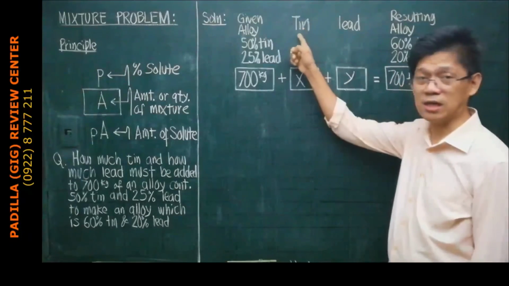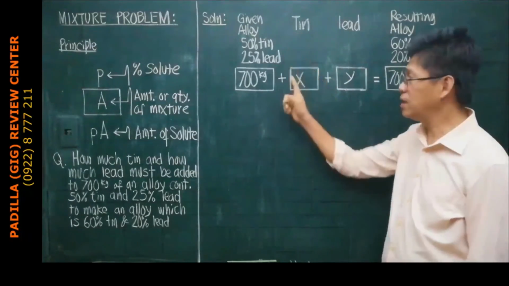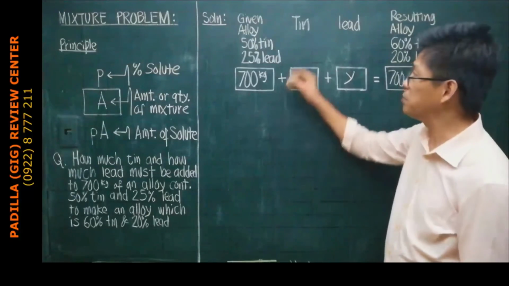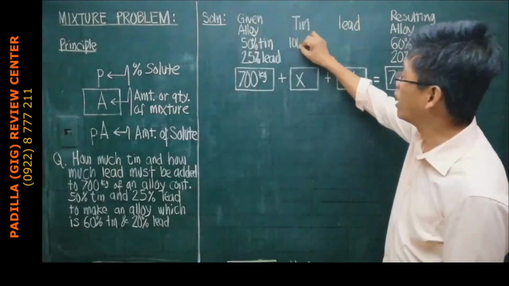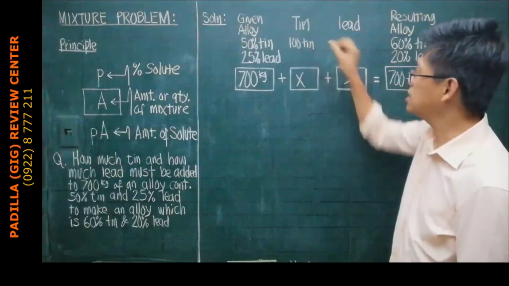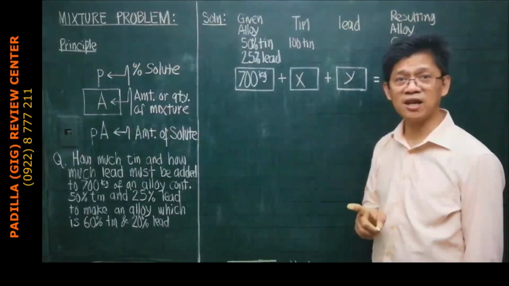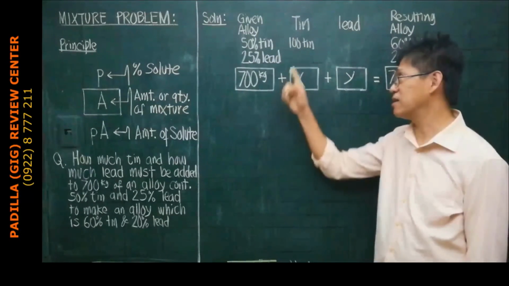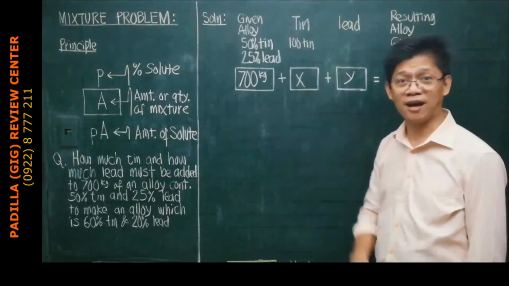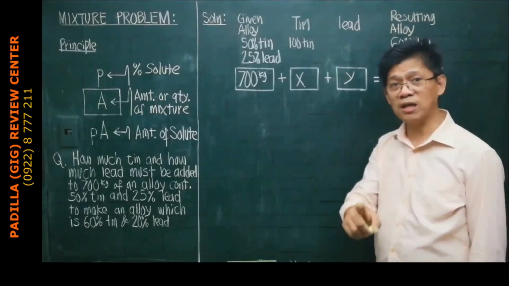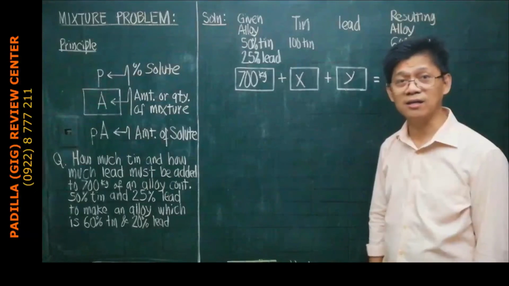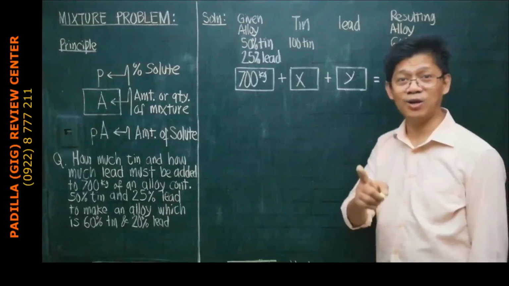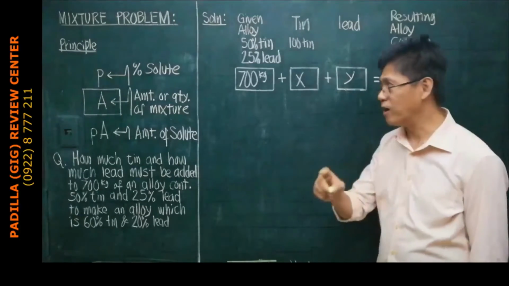Now, before I write the key equation here, let me define the percent concentration of these two. This is tin. The reason this is called tin is because this must be 100% tin. Because if it is not 100% tin, it's not tin. It is an alloy, right? Pag ikaw hindi ka 100% na lalaki, hindi ka lalaki, di ba? Alloy ka. Okay? Alright.